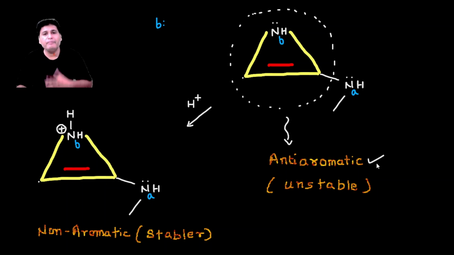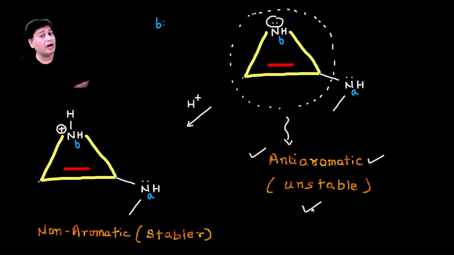So what I mean to say is, if the lone pair remains there, it will be a problem, because it will get delocalized and will bring anti-aromatic character, and this will bring instability and it will become unstable. Now you understand, if there is a proton, and this proton takes up the electrons, now there is no lone pair.